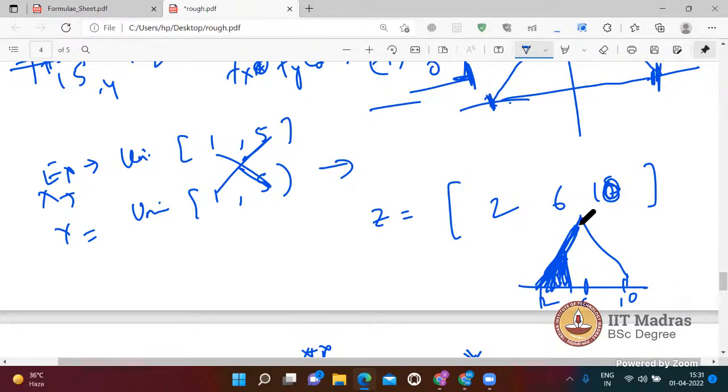Because the total area will be 1, you can write directly half. So I don't have to integrate. If you are able to find this point, this height, then you can directly write it: half into, if this is 4, 2 into this height.